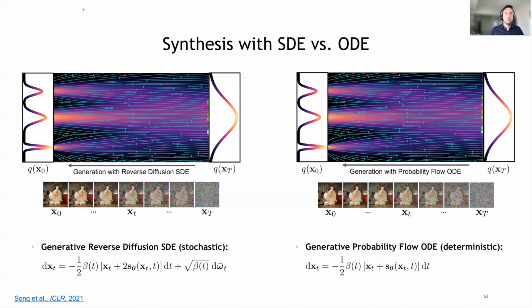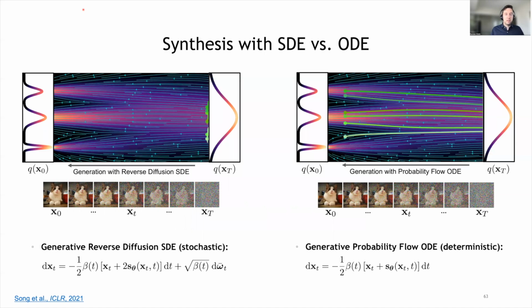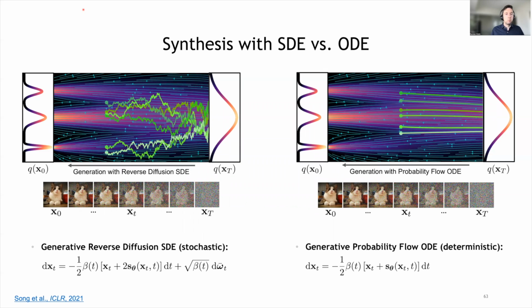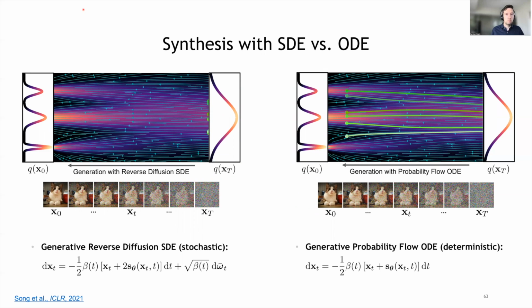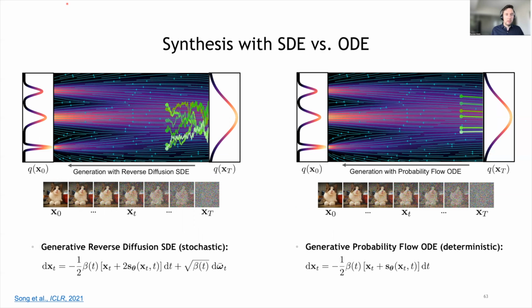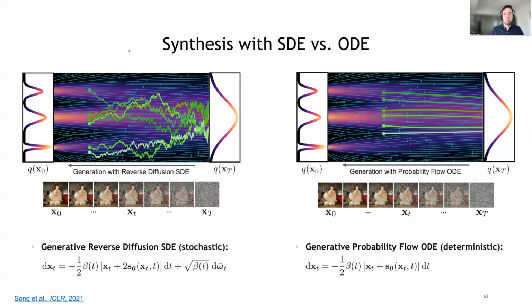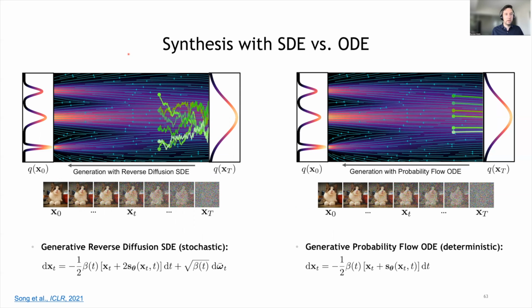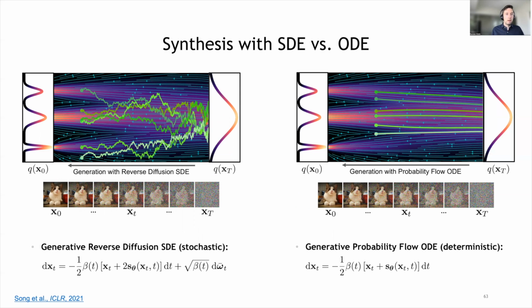Here we have an animation of how it looks like. And I think at this point, it should really become clear what I meant with they are the same in distribution and they sample the same distribution. On the left-hand side, we have the SDE that I have introduced earlier already, the SDE framework. And we see that these trajectories are zigzagging. I have this noise injection, but I'm still landing at the modes of the data distribution.